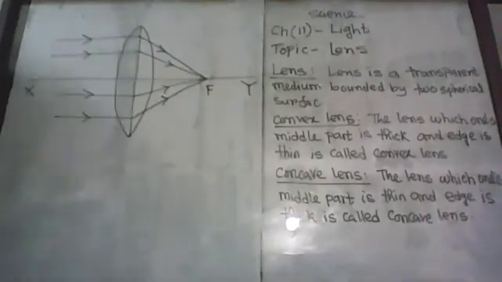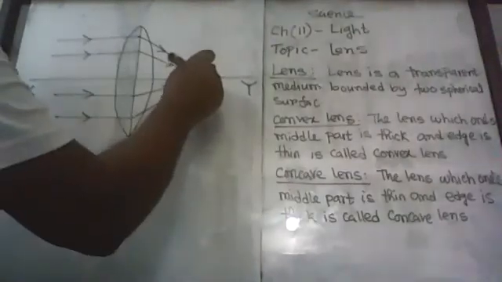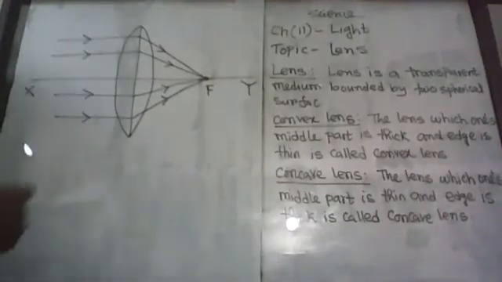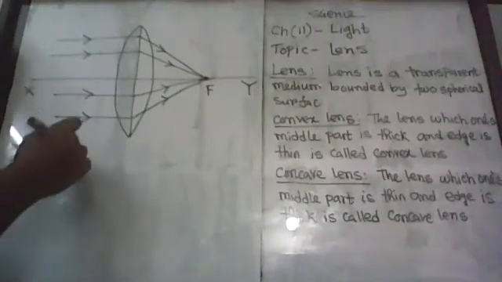That's why this focus point looks very bright, since all of the light meets together here. So this lens is called a convergent lens.